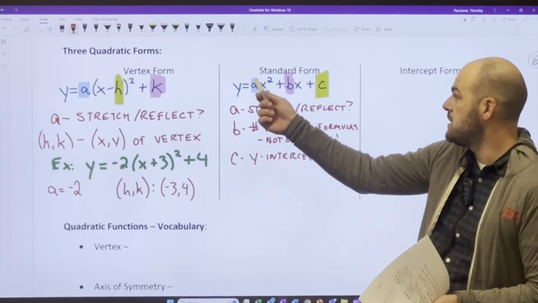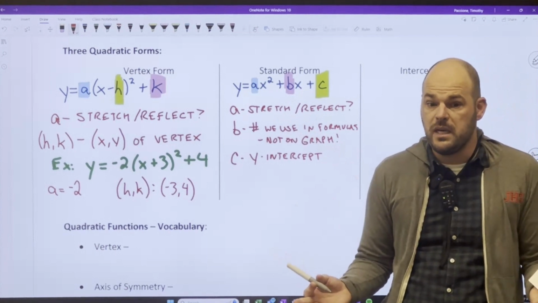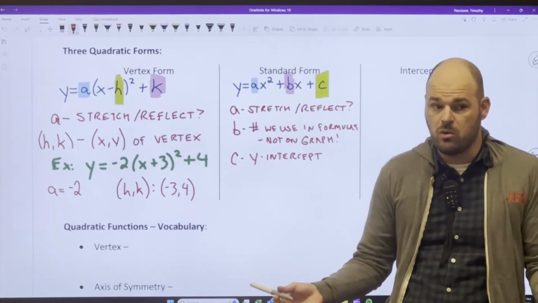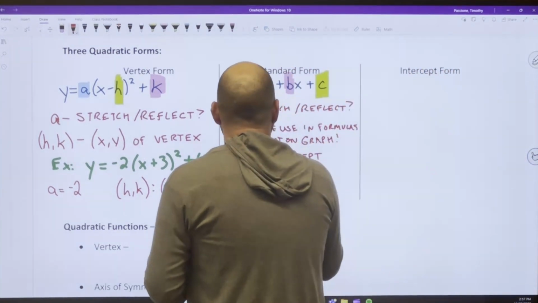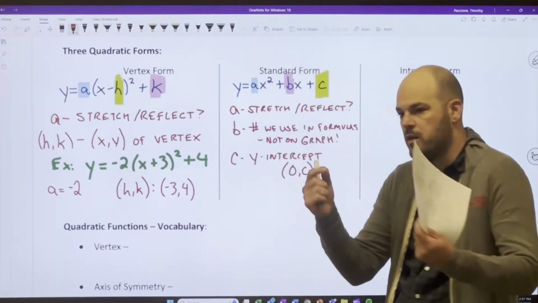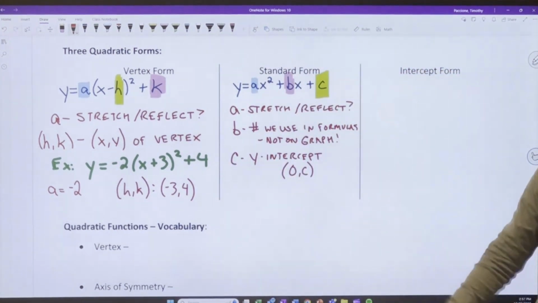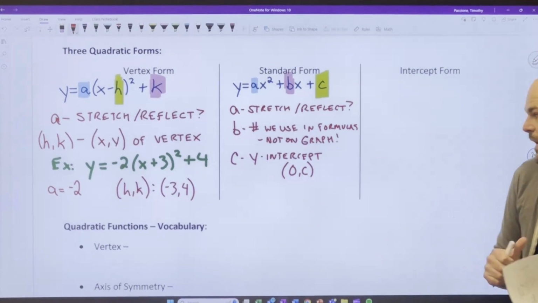Just C, because this would go away and this would go away. So it doesn't even matter what your A or your B is. If your x is 0, your y will be C, right? So your y-intercept is always 0, C. It gives you a point on the graph, right, in the equation. So that C value is going to be on your graph every time, okay?